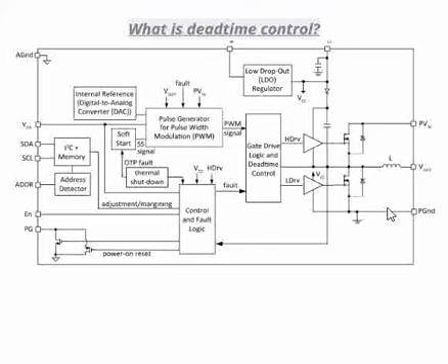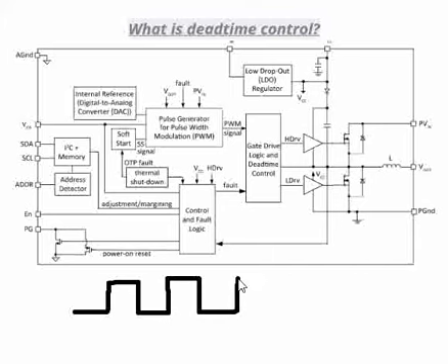So when you are operating this regulator, you need to understand that you must not have a scenario where both of these are turned on. For example, if we have a waveform like this, let us assume this is a high side MOSFET control, PWM control.